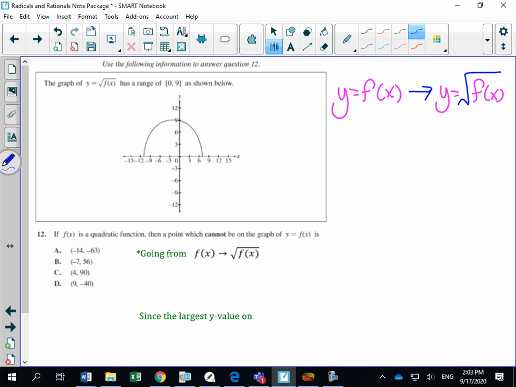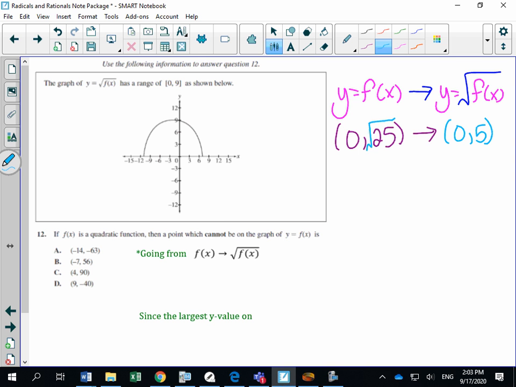Now, one thing I want to go through in order to understand this question: let's say you had a point on the original function, 0, 25. What's the new point going to be on the radical function? With radical graphs, we square root the y values, so on the new function, the coordinate would be 0, 5.